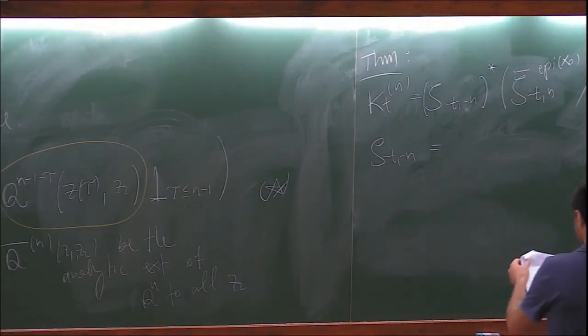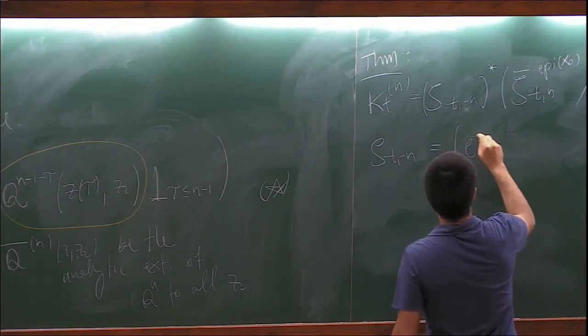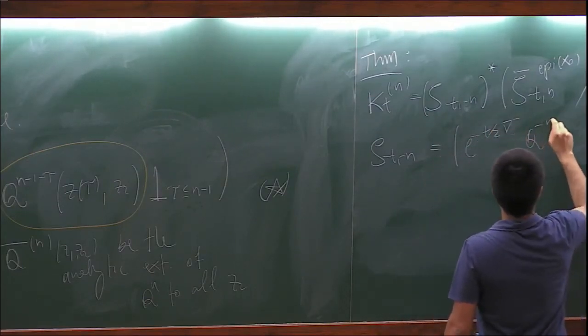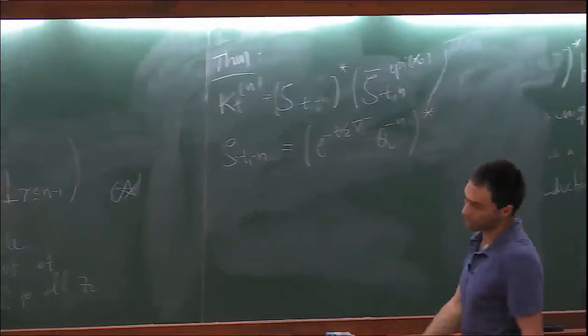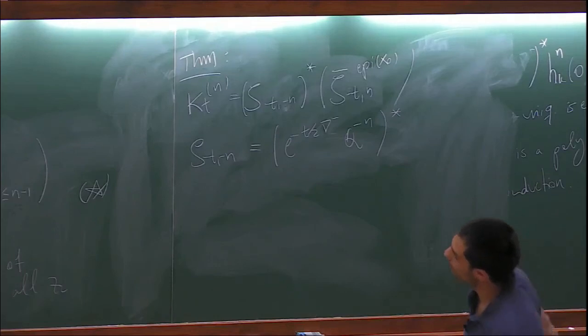It's the part that doesn't have to do with G0N. So this is just E to the minus T over 2 grad minus Q to the minus N star. It's the first part in that decomposition on the top.